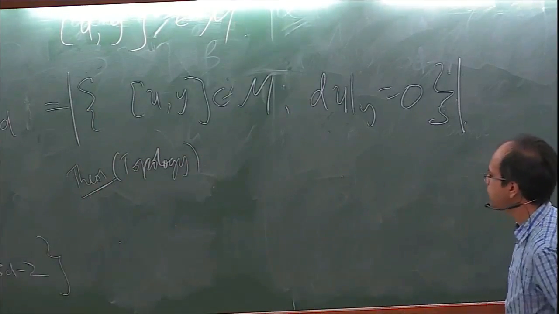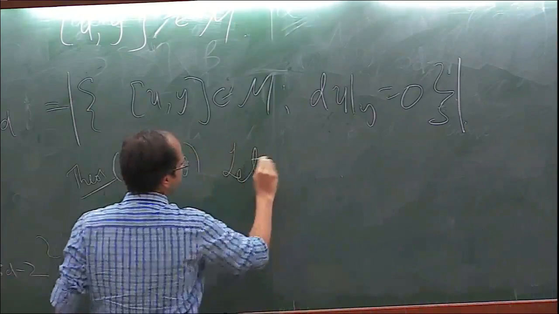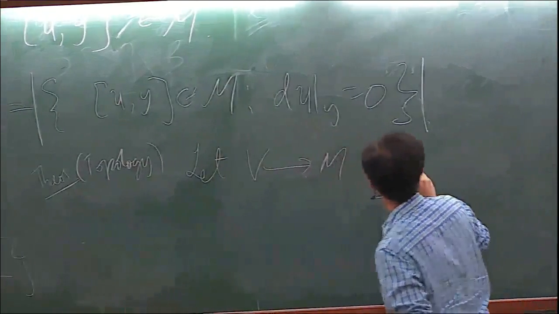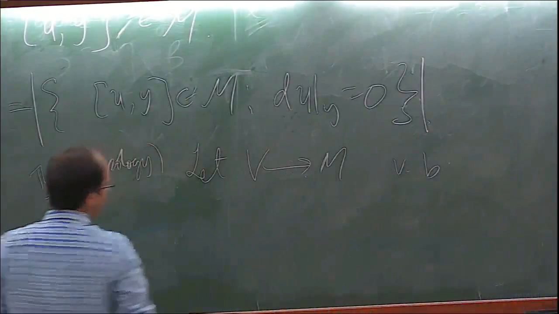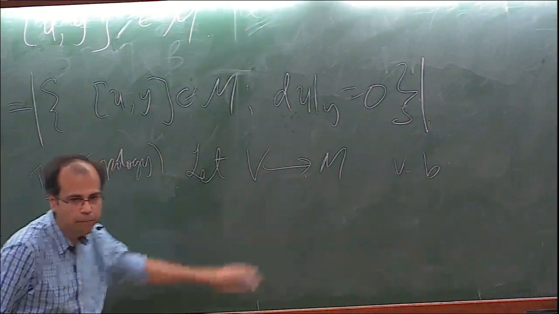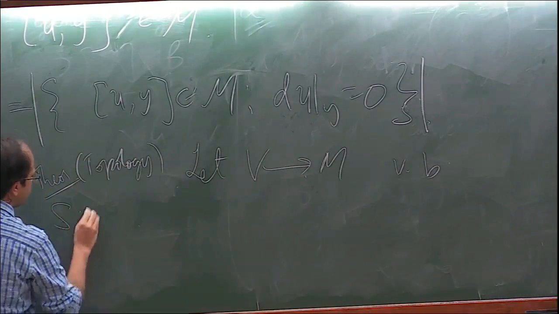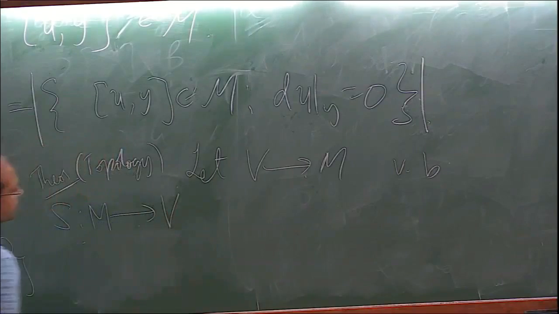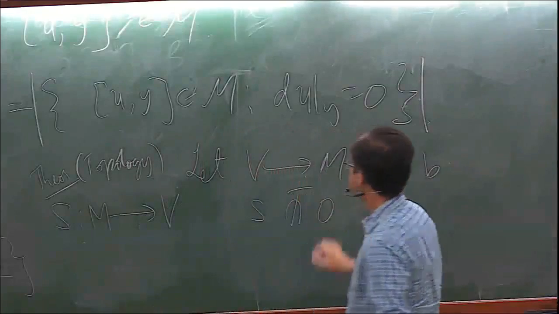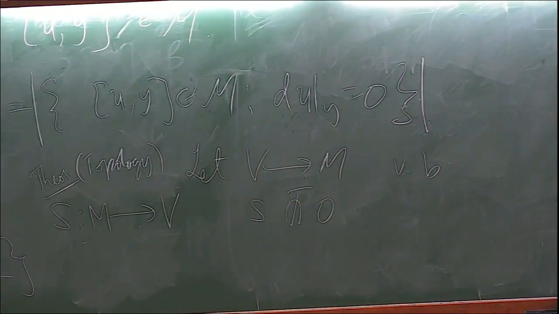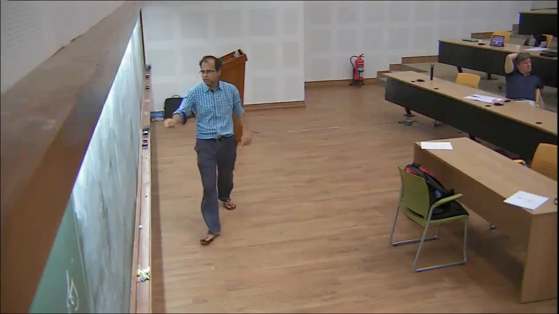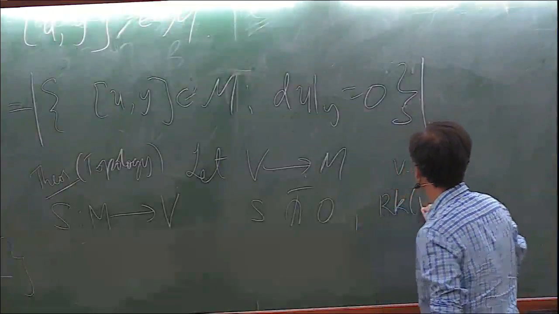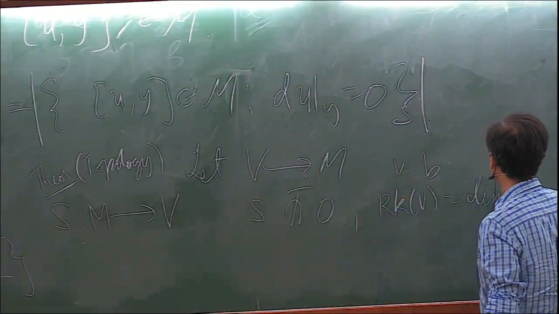Let V be an oriented vector bundle over a compact oriented manifold M, and suppose S is a smooth section that is transverse to 0, so the linearization is surjective. And also let us say that the rank of V is the same as the dimension of M.